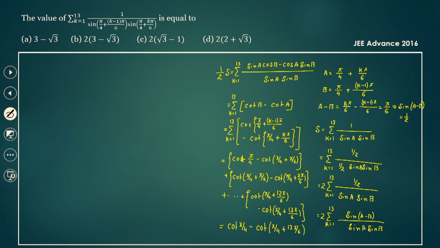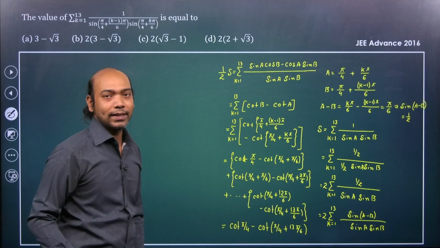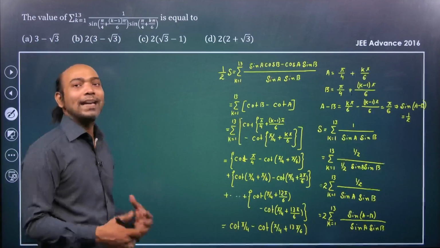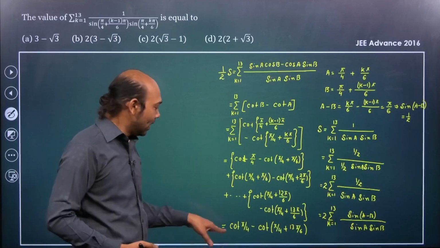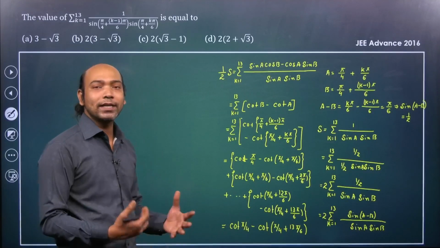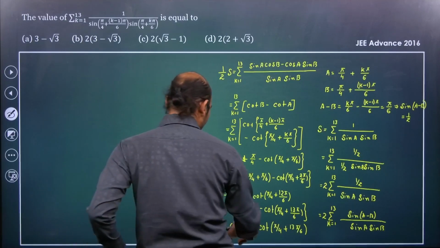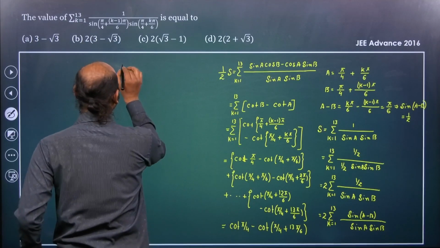But here we don't get any answer matched with that. So obviously we need to recalculate these values. So what should I do? We can easily calculate that by expanding these angles by the cot x plus y formula and all that stuff, right? So let's go ahead. First we concentrate on this 1 by 2s now.